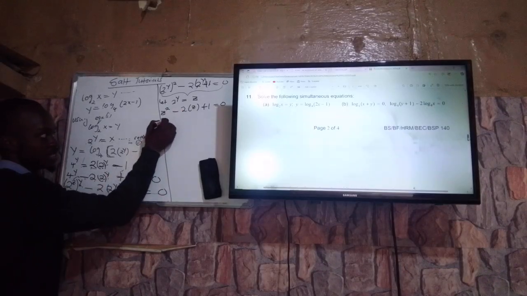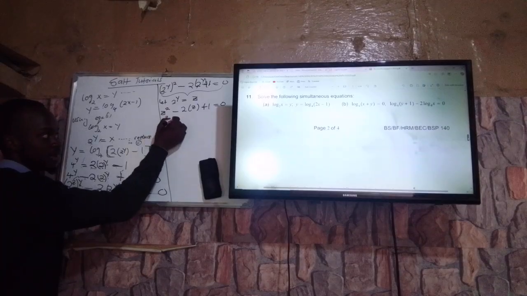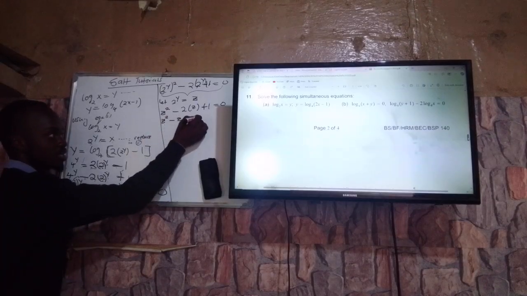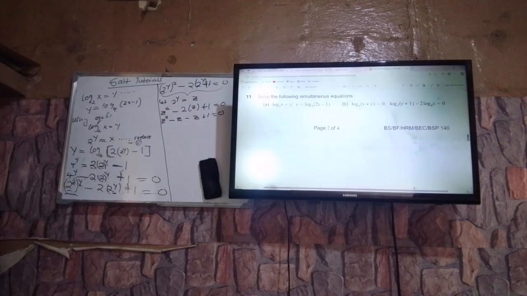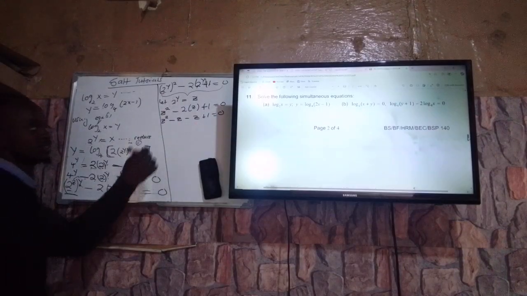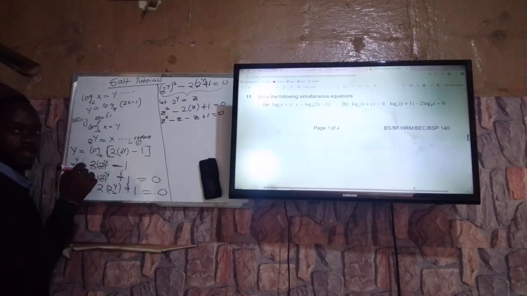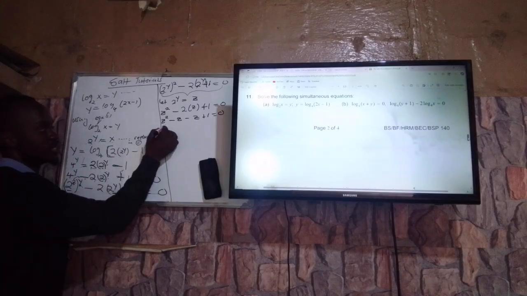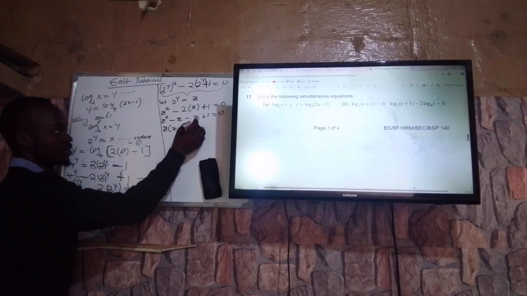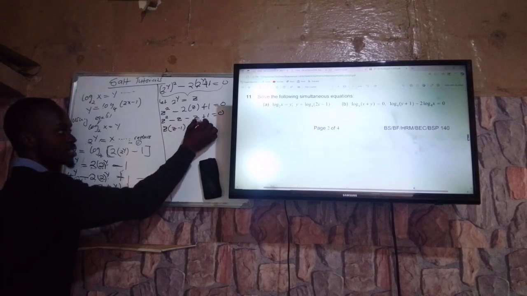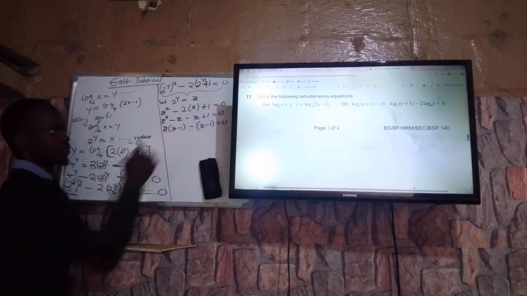So this is just basically z squared minus 2z plus 1 is equal to 0. So if that is achieved, we can factor out by pairs: z, open bracket z minus 1, negative 1, open bracket z minus 1, is equal to 0.